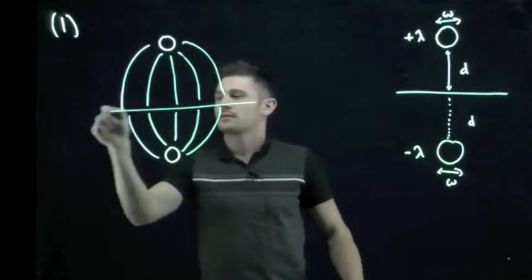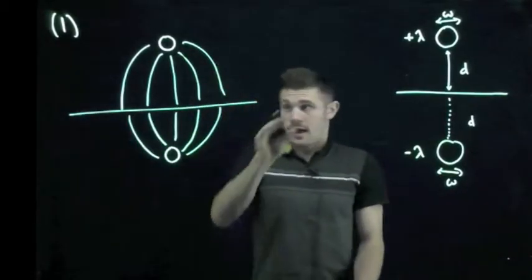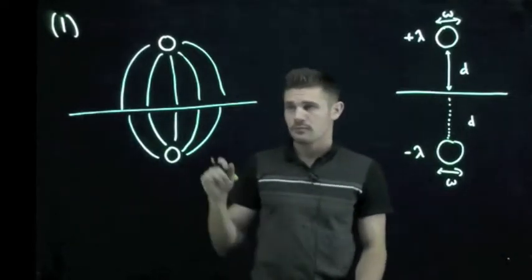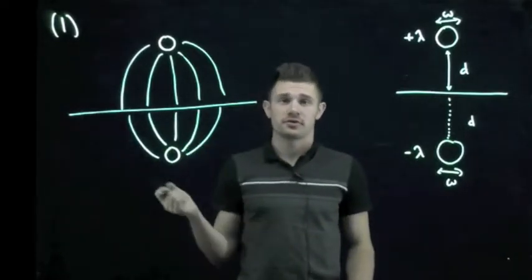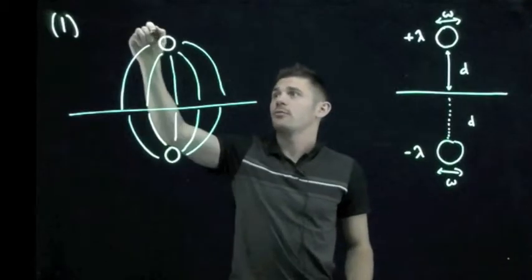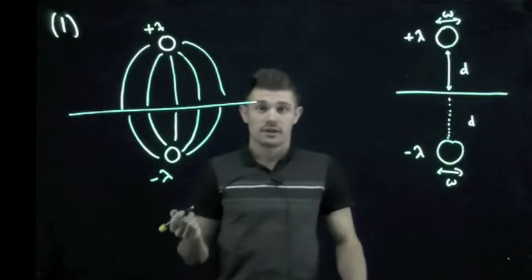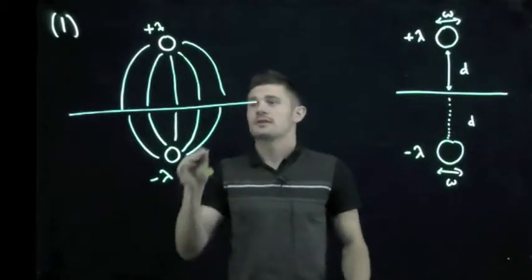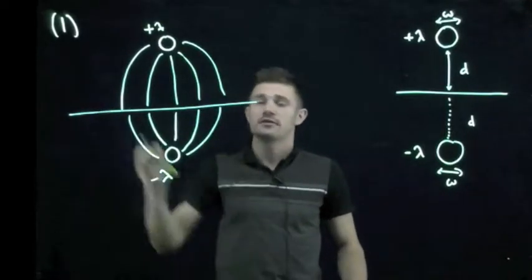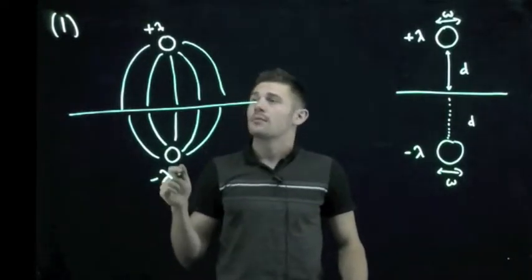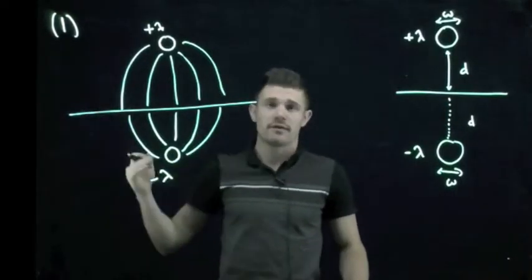And at that conducting plane, at that place exactly between the two rods, is going to be an equipotential surface. Now this, if we have a positive lambda here and a negative lambda here, looks a lot like a dipole. And of course, at the place exactly between the two charges of a dipole, we have an equipotential surface, essentially splitting that dipole in half.